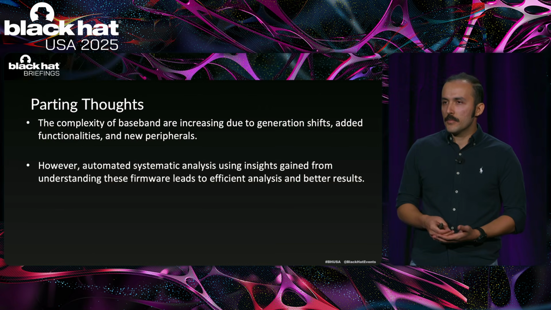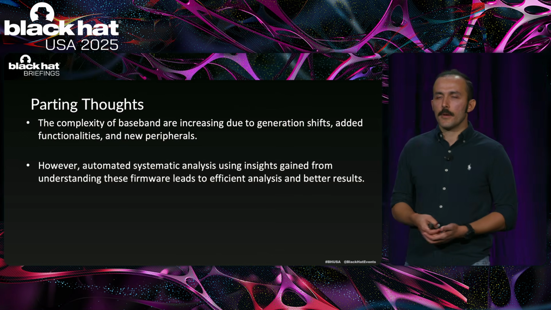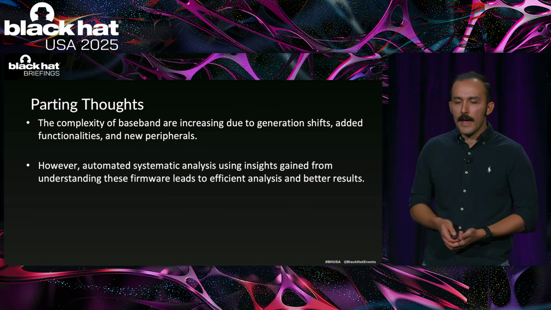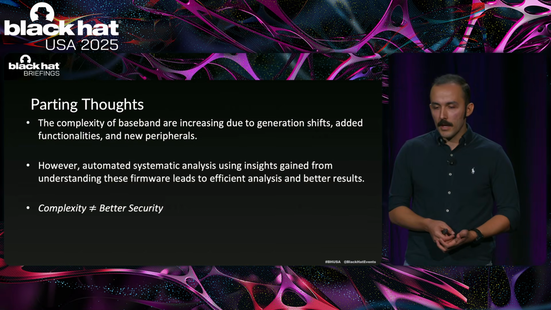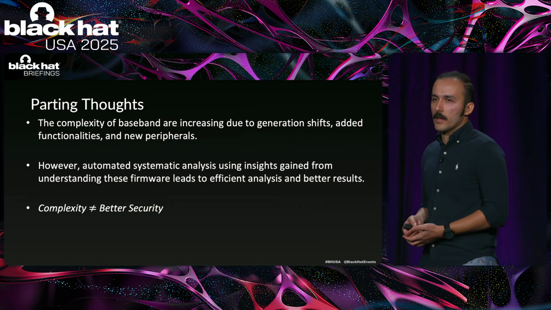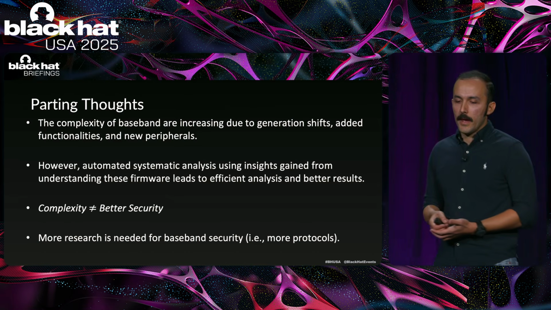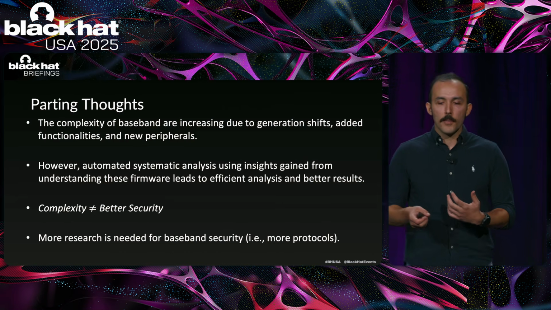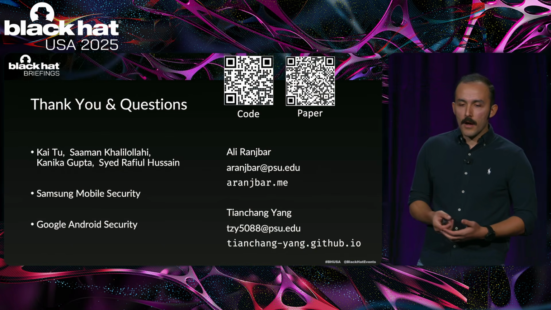If we spend time to understand firmware internals, we can still build automated and smarter tools, and that can lead us to better results. And just to be clear, complexity doesn't mean better security. In fact, it often hides vulnerabilities even deeper. So there is still a lot of work ahead. We need more research, more tooling, and definitely more focus on the protocols that we haven't been able to look at yet. That's all from us.